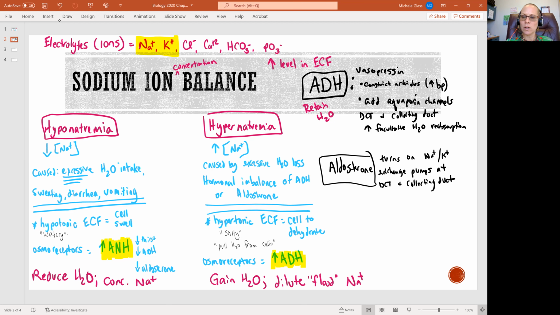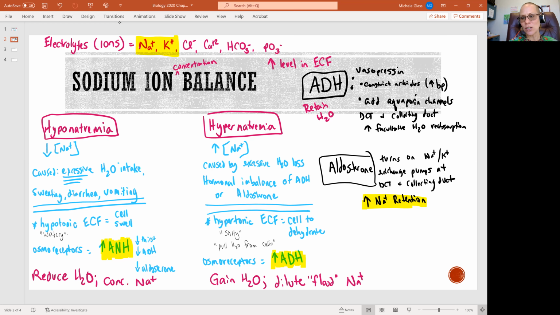And so this is going to increase sodium retention. So again, in terms of hyponatremia, in the case of hyponatremia, you want to turn off aldosterone because you don't want to retain the extra sodium.